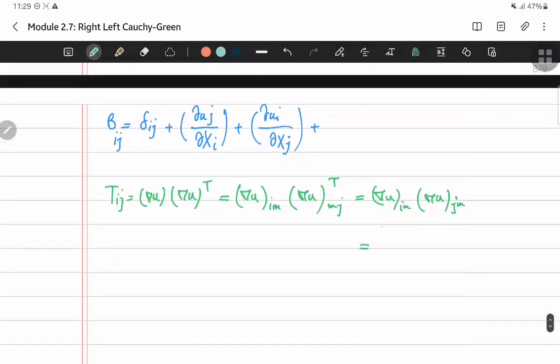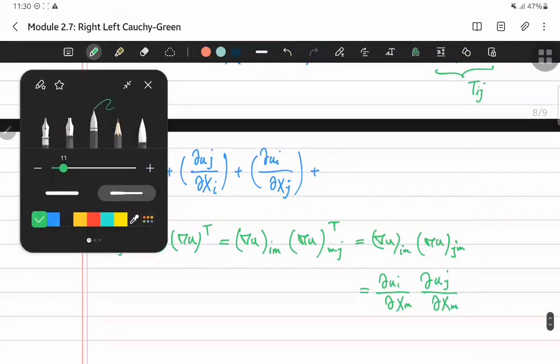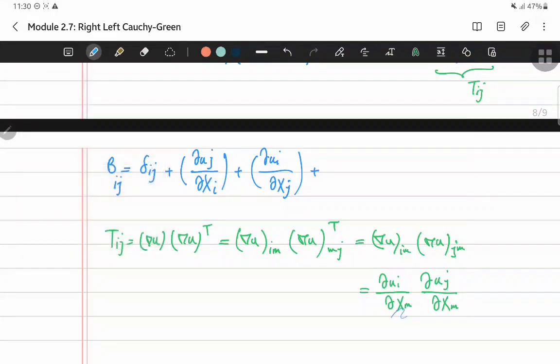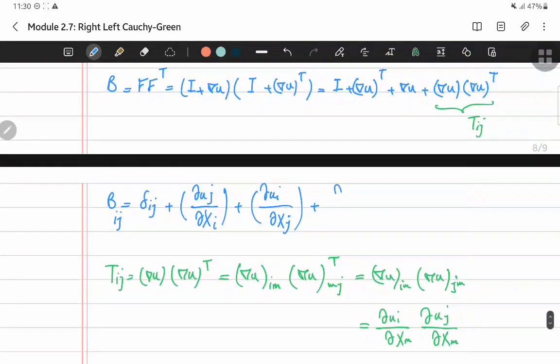Therefore, if I write this in indicial notation, I have partial derivative of Ui with respect to xm, times partial derivative of Uj with respect to xm. All right.